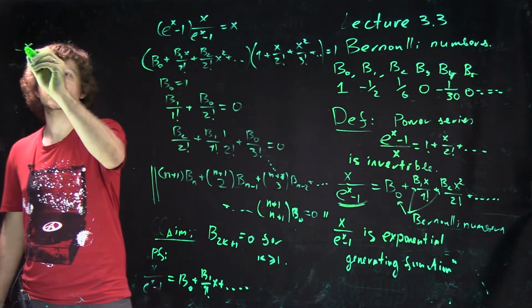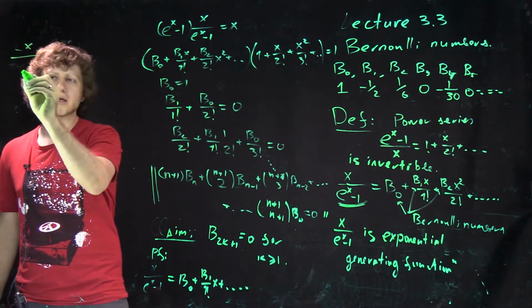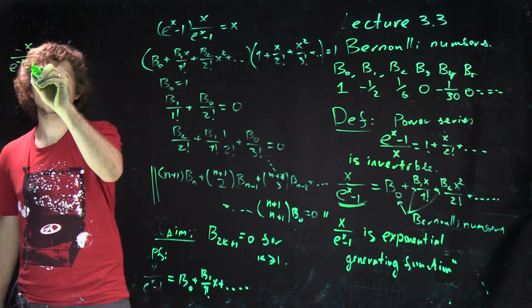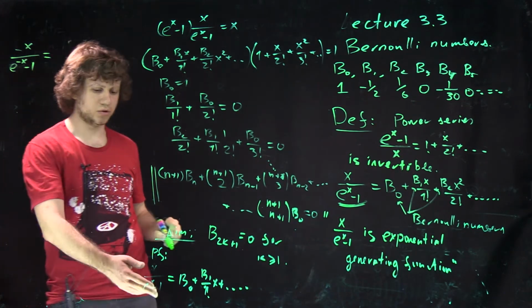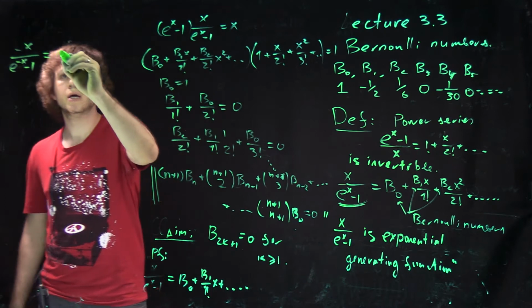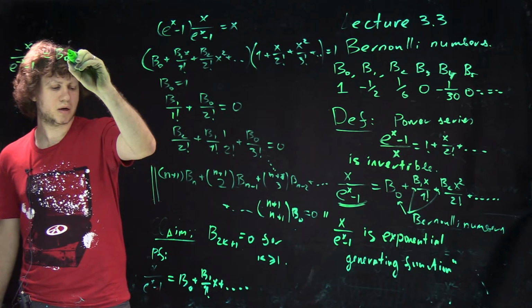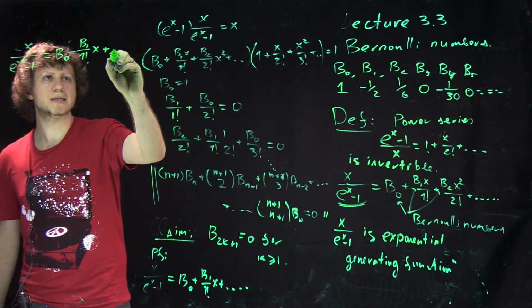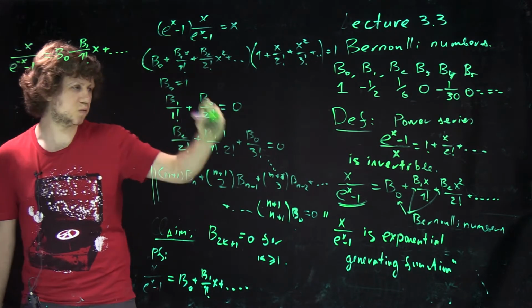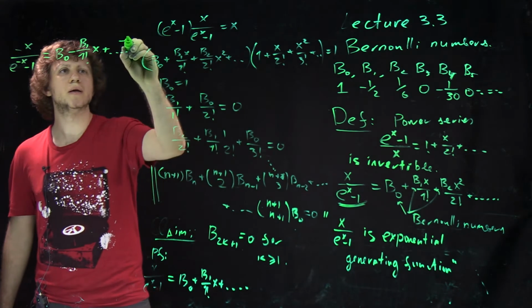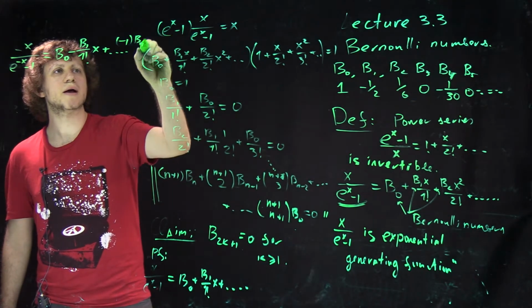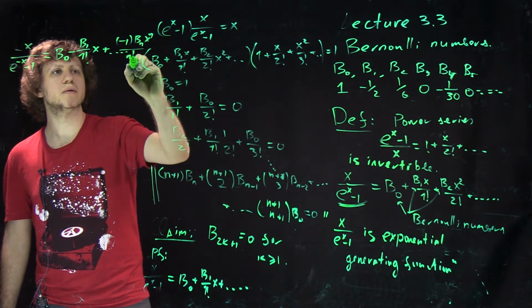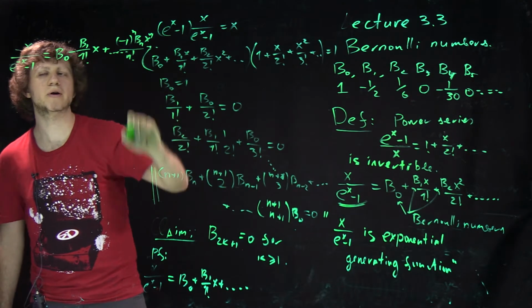So minus x over e power minus x minus 1 is, as we discussed, when you substitute something in a power series, you will get just b0 minus b1 over 1 factorial x plus, and you will have eventually minus 1 power n bn x power n over n factorial, and so on.